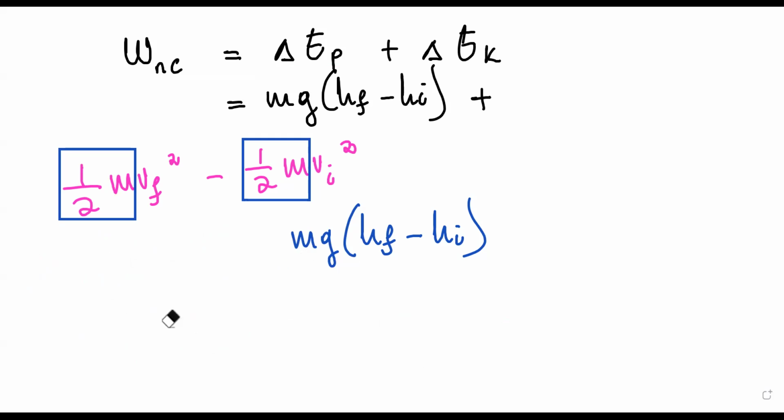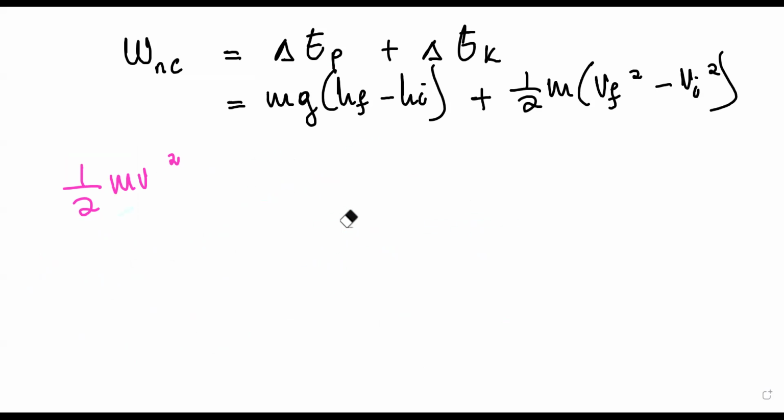Okay, so now we understand that for the change in kinetic energy, we can say it's 1/2 m into Vf squared minus Vi squared. So now we can go ahead and substitute. The mass of the block is given to us as 12 kilograms. The acceleration due to gravity is 9.8.